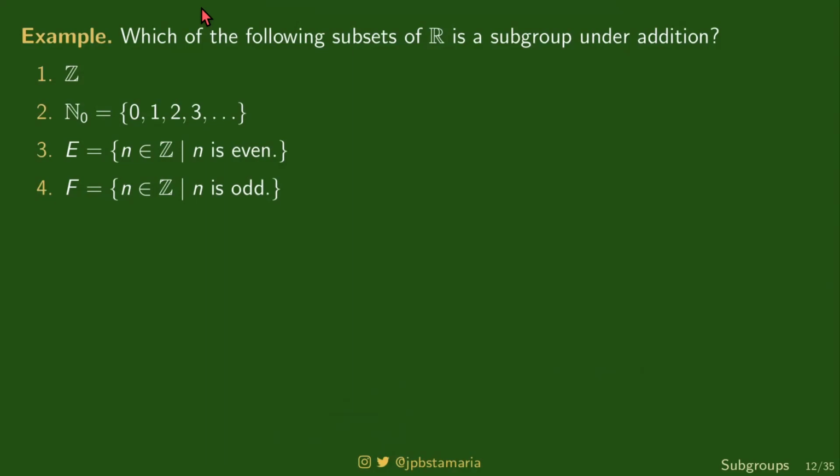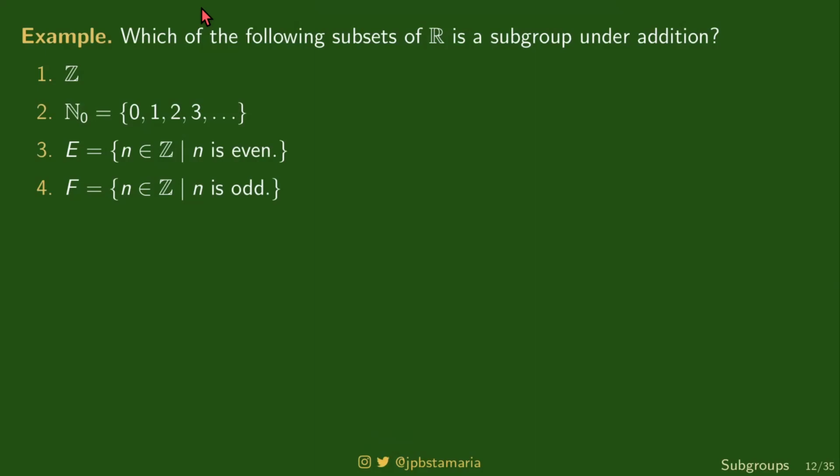Ano bang identity ng R under addition? 0. Very good, 0. Is 0 an element of Z, or is 0 an integer? Oo naman. Pag nag-add ako ng dalawang integers, do I get another integer? I think so. Okay.